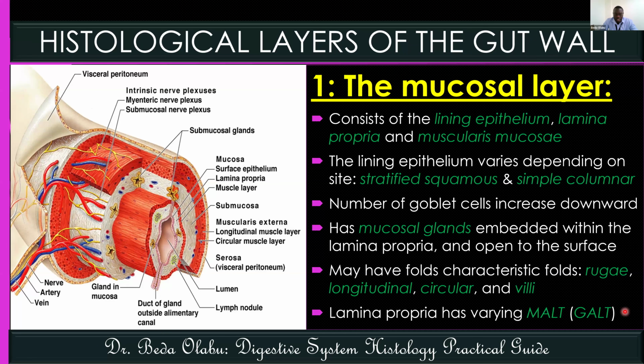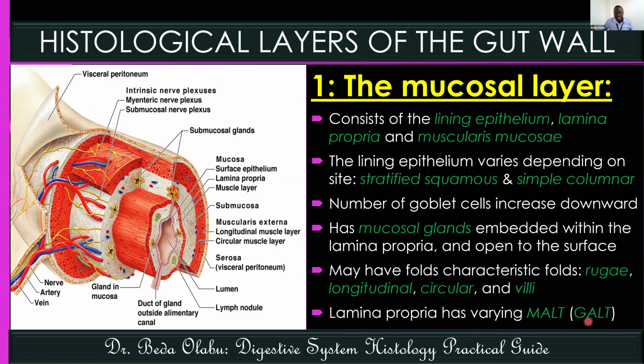If their boundaries are distinct, then we call them lymphatic nodules. All in all, they constitute what we call the mucosa-associated lymphatic tissue. So that can either be diffuse lymphatic tissue or lymphatic nodules, which are also called lymphatic follicles, lymphoid follicles.